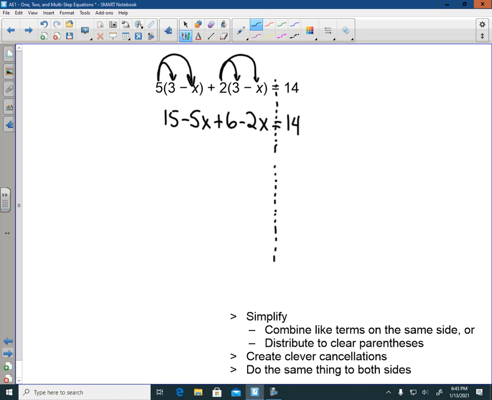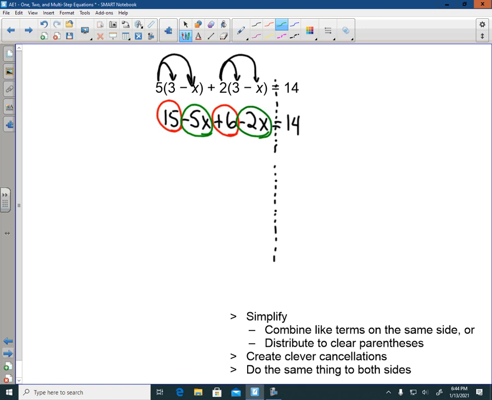Now this new equation is not simple yet. It's not simplified completely because I can combine like terms. And there's actually two places where I can do that. There's 15 plus 6, and there's negative 5x minus 2x. So there's two places where we can combine like terms.